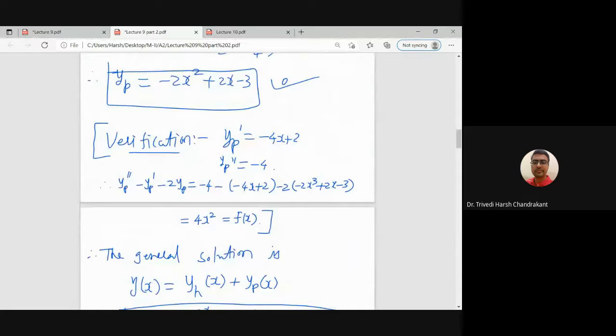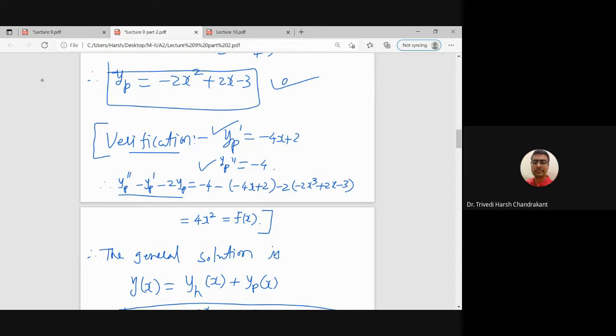So we know Yp, we can differentiate it. The derivative of Yp, Yp dash, is minus 4x plus 2. Taking the derivative again, we will get Yp double dash to be minus 4, right? So now we'll substitute in the equation. The left side of the equation is this one.